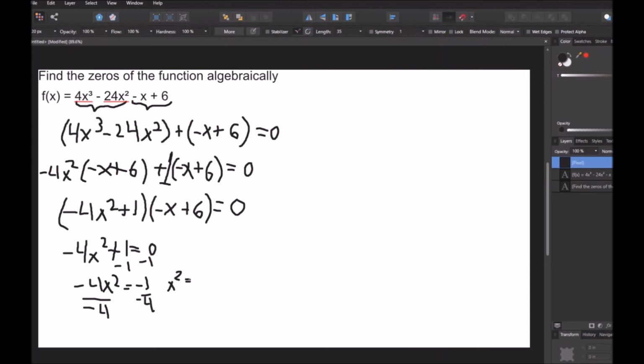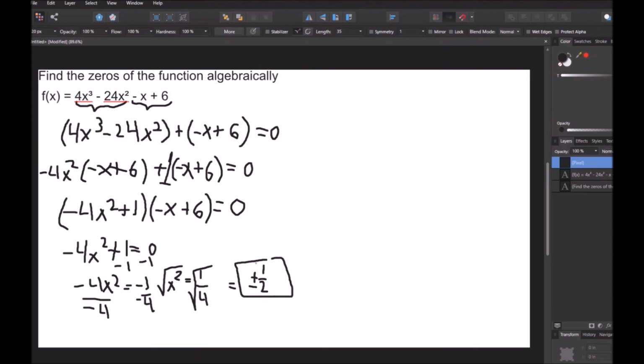Then I'm going to take the square root. Remember, when you take the square root of a fraction, it's like taking the square root of the numerator and the denominator. So it's the square root of 1 over the square root of 4, which is 1/2. But because we're taking the square root, it's plus or minus. So x equals plus or minus 1/2 is one of our zeros.